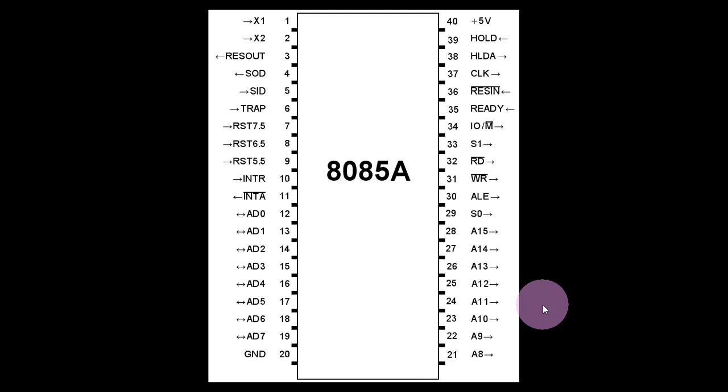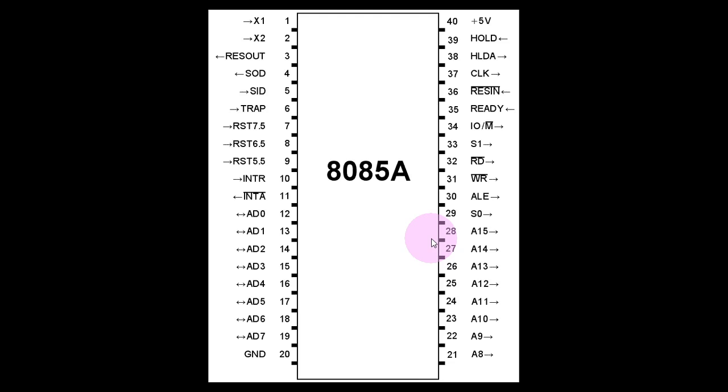Until you apply that clock, this microprocessor will not work, because it works in synchronization with that clock. So you have another input which you need to take care of in order to start this IC, and those pins are X1 and X2. In between these two pins, you have to connect a crystal oscillator, and that crystal oscillator should have a frequency twice the frequency at which you want to operate this particular microprocessor.